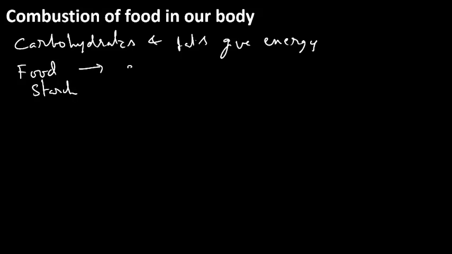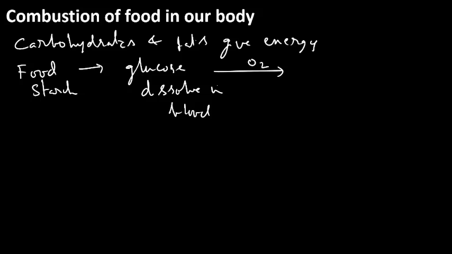Starch digests and finally converts into glucose. This glucose dissolves in blood. So the glucose in blood combines with oxygen during respiration.